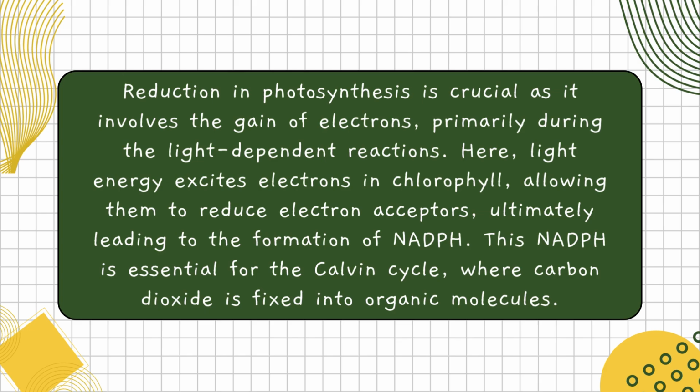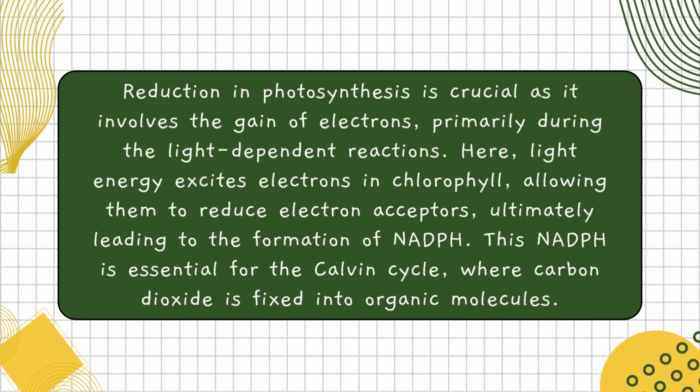Reduction in photosynthesis is crucial, as it involves the gain of electrons, primarily during the light-dependent reactions. Here, light energy excites electrons in chlorophyll, allowing them to reduce electron acceptors, ultimately leading to the formation of NADPH.